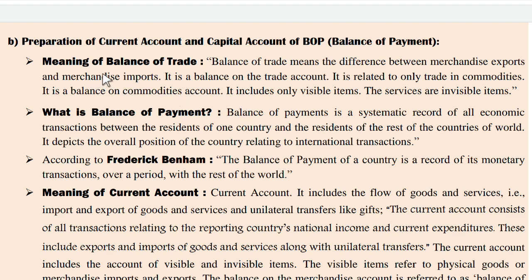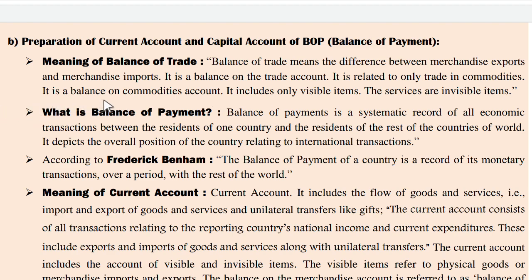Friends, here is the meaning of balance of trade. What do you mean by balance of trade? As you know, balance of trade means the difference between merchandise exports and merchandise imports. It is a balance on the trade account. It is related only to trade in commodities.